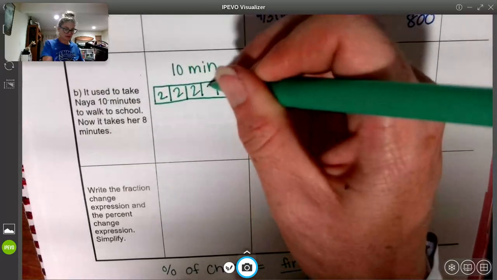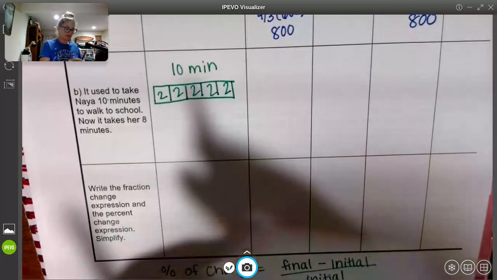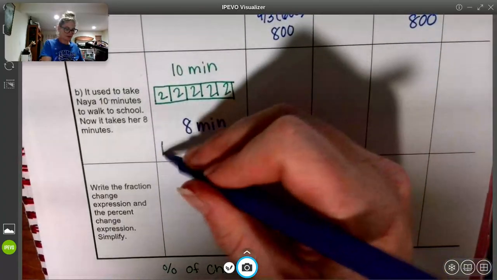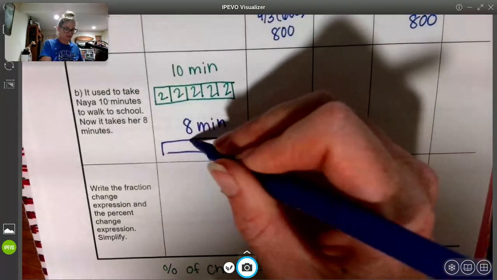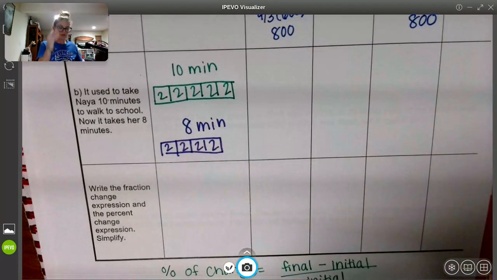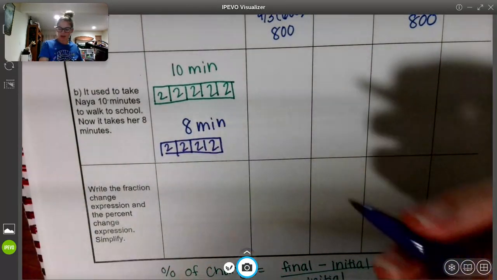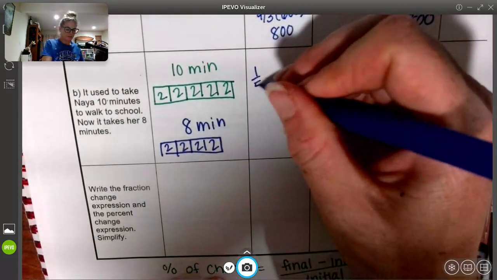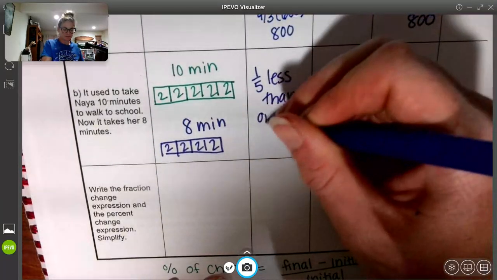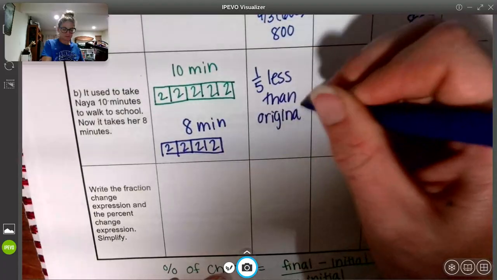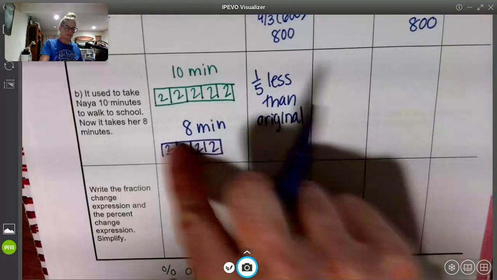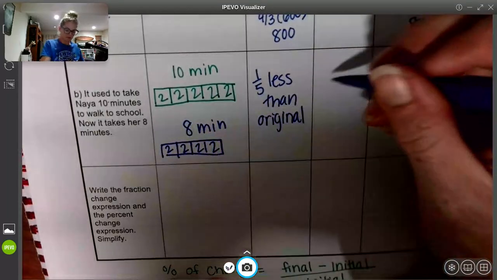Let's make each section 2. And now it's only going to take her 8 minutes, so now I only need 4 boxes. If you want to look at a fraction change, it's 1/5 less than the original. And if you look at the fraction of the original, this is 4/5 of the original.